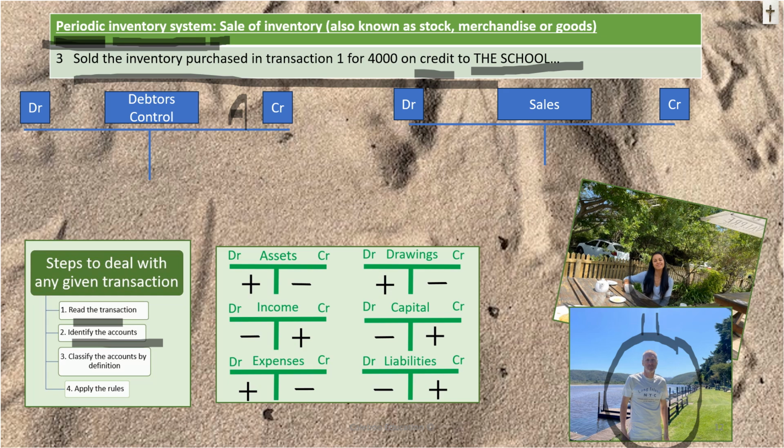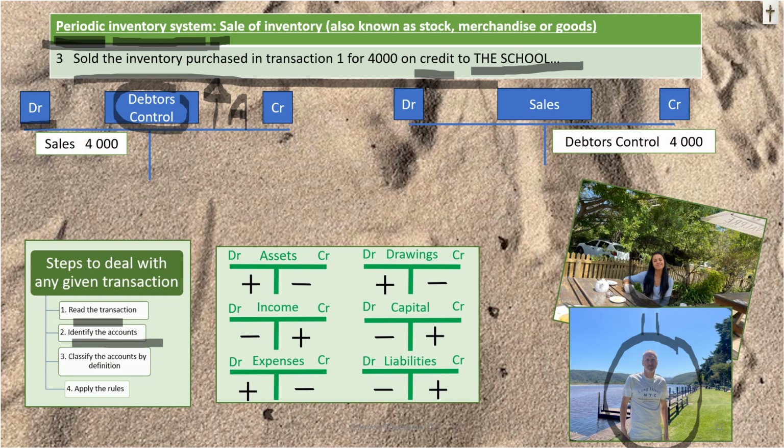The important thing is, whatever you call your debtors, as long as you're treating that account as an asset, because a debtor is an asset. An increase in the value of the debtors means they owe us more. Increase in assets, this account must get debited. And the account that is credited is sales.